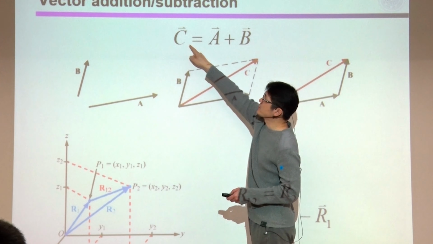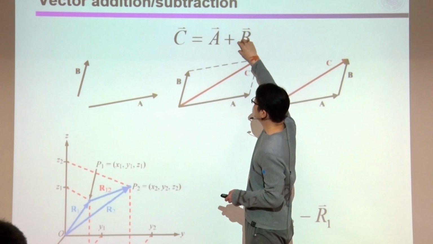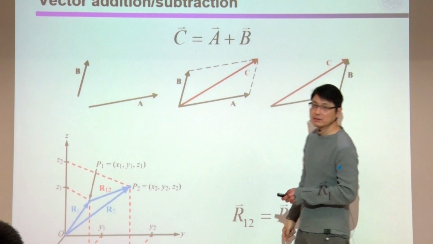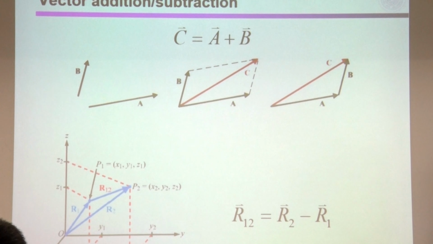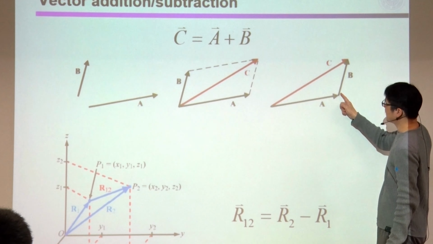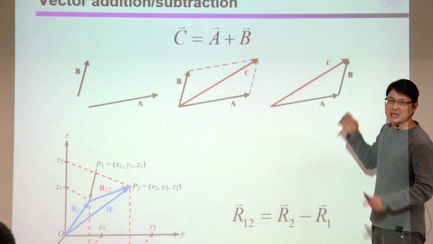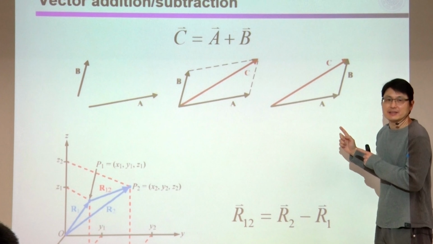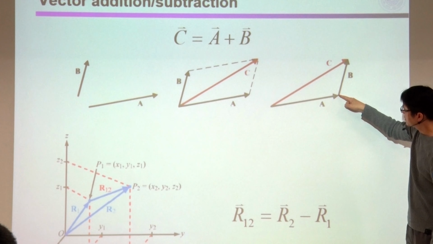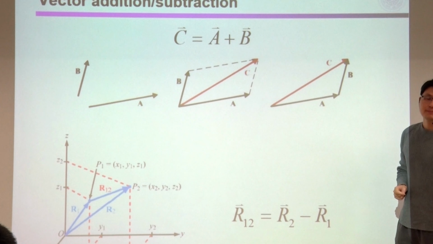A plus B equals C, so you can move B to the left-hand side, so C minus B equals A. So what I'm trying to say is, when you add between two vectors, you have to have the vectors connected in some kind of series or cascaded. Okay? So the start to the end, start to the end, so you add.